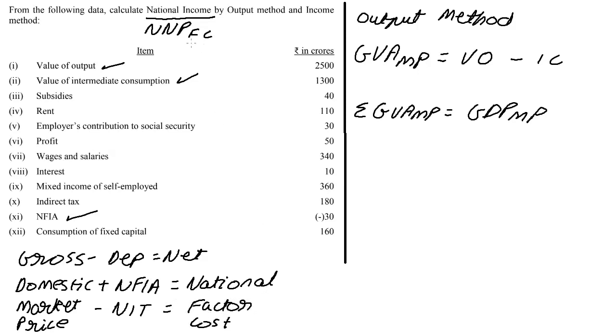Okay, so for example over here, FC stands for factor cost. Now, going forward, I have GDP MP. I need to move from GDP MP to NNP FC.